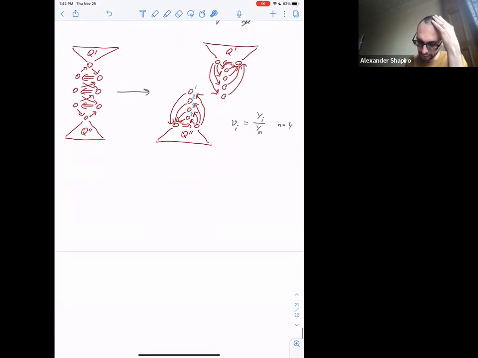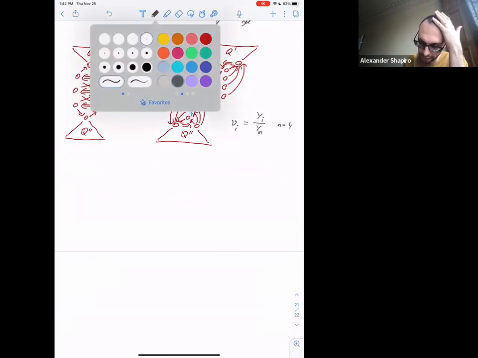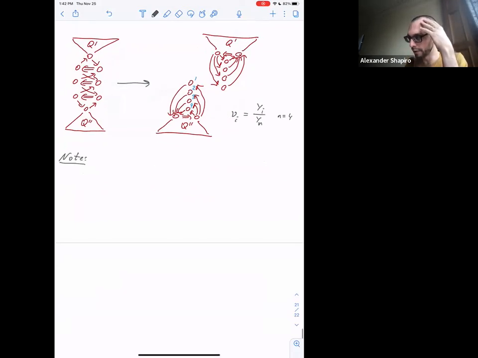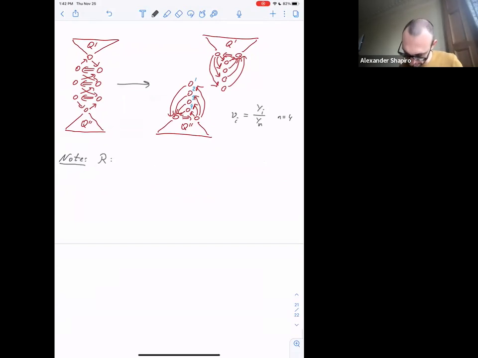All right. Now let me make one other remark about positive representations, and then I'll finally go to Gelfand-Tsetlin systems. The remark is as follows. Remember what our R matrix was doing: it was taking two punctures and swapping them. This puncture will go here, this puncture will go here.